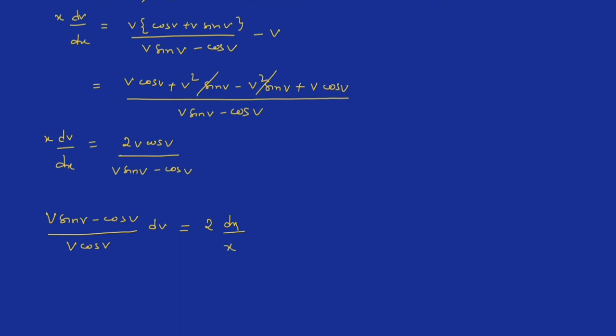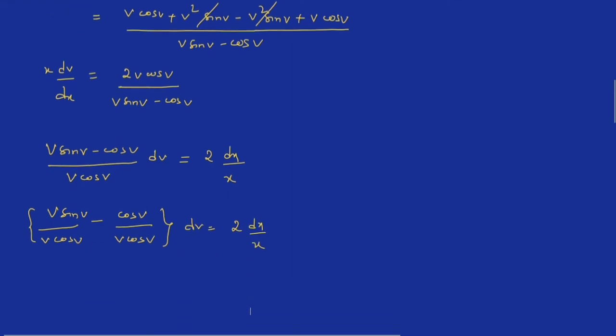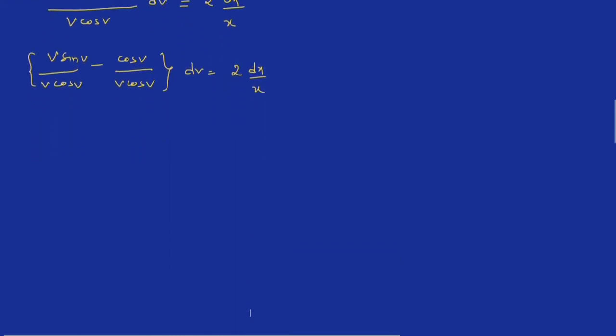Now again we can convert it. If we write the numerator and denominator separately, we get v sin v upon v cos v minus cos v upon v cos v, which is equal to dv is 2 times dx upon x, right? We are taking the denominator separately here.